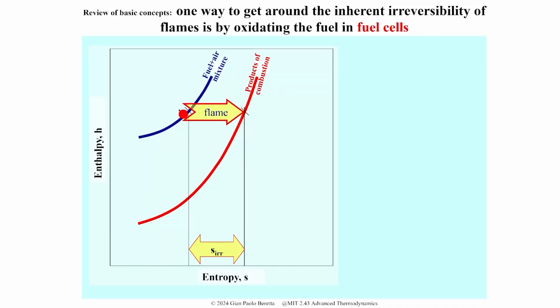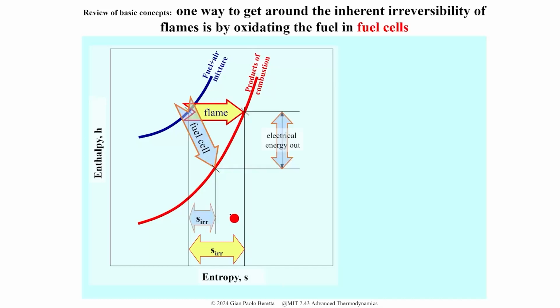And we also said that when we look at chemical reactions and combustion in a little more detail, we will see this diagram and we will see that the flame goes this way and generates entropy by irreversibility.